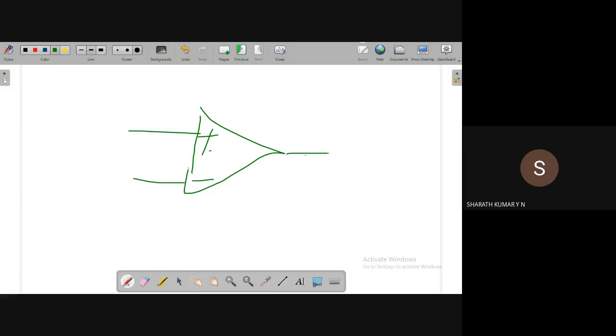For example, this is the 741 op-amp. We know the unity gain bandwidth, which is equal to 1 megahertz. What does it mean?